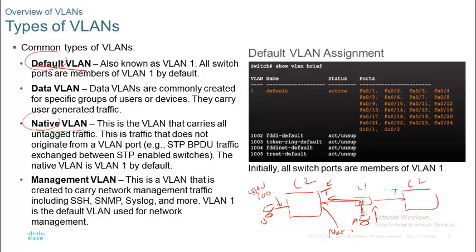Any untagged traffic, you send it inside VLAN 100. Don't send it to VLAN 10. Don't send it to VLAN 20. Native VLAN 100 means accept all the untagged traffic into VLAN 100. This is the VLAN that carries all untagged traffic. Did you understand what is native VLAN?